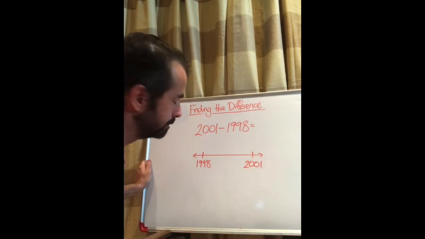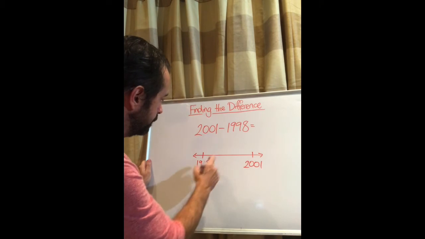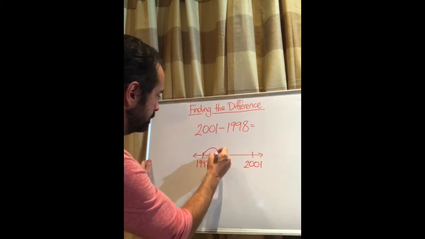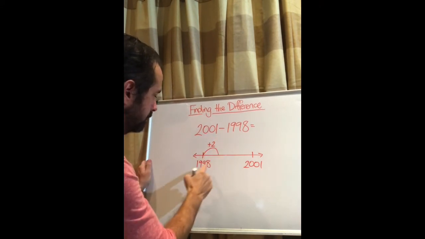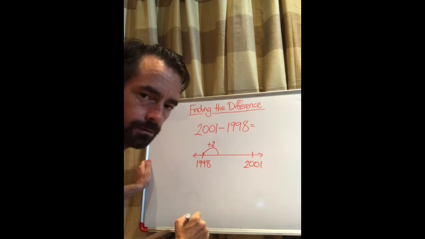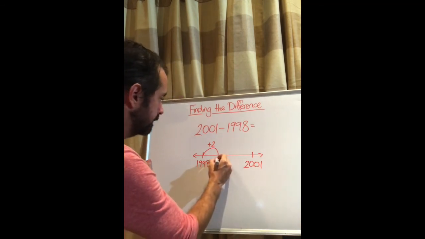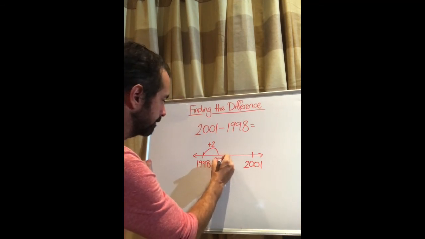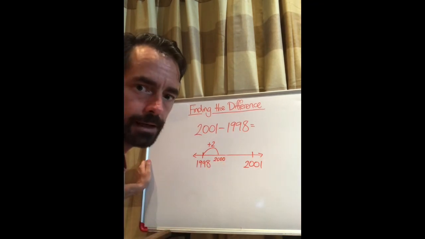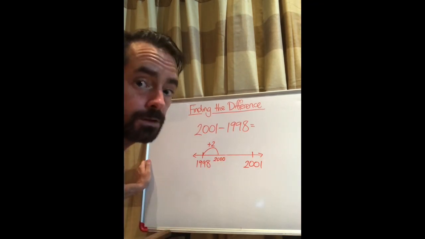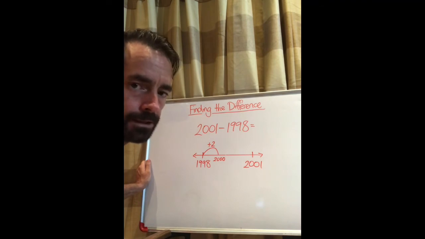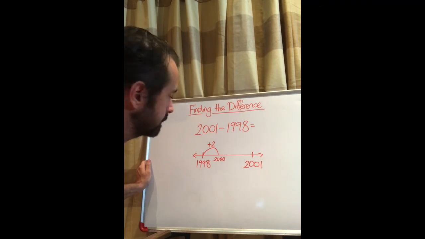And then I'm going to put my larger number over here. Let's give it a go. I'm going to add 2 to 1,998. And that gives me a nice round number, 2,000. Let's continue with this momentously difficult problem.